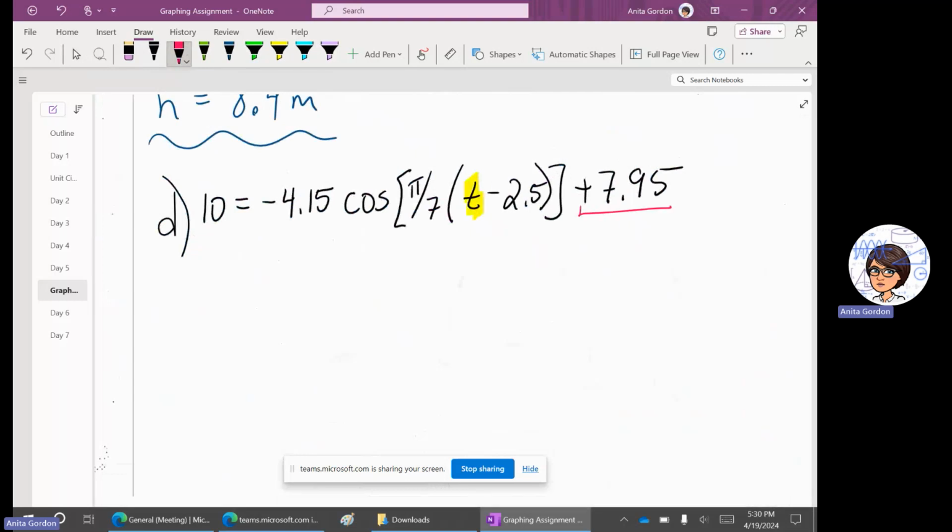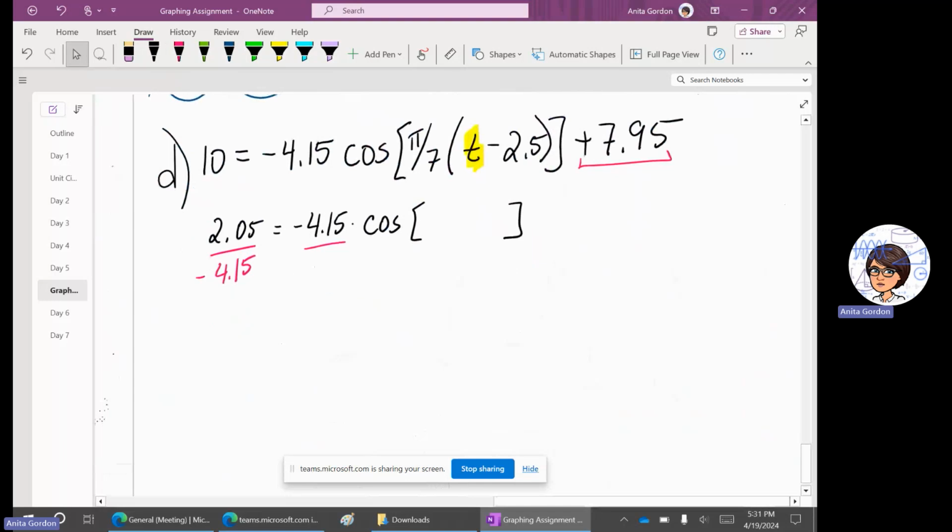First, I'm going to subtract 7.95 from both sides. 10 minus 7.95 gives me 2.05 equals negative 4.15 times cosine, and so on. I'm not going to rewrite the brackets because I'm not going to need them right now. The next thing I'm going to do is divide both sides by negative 4.15.